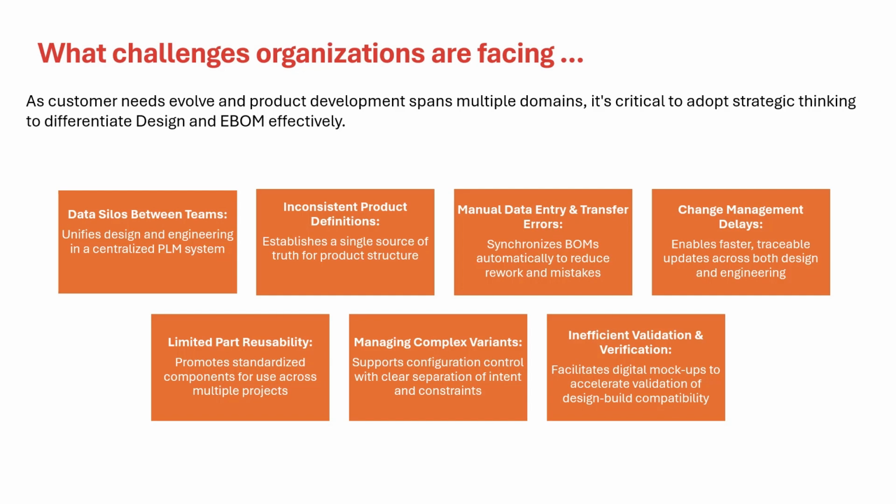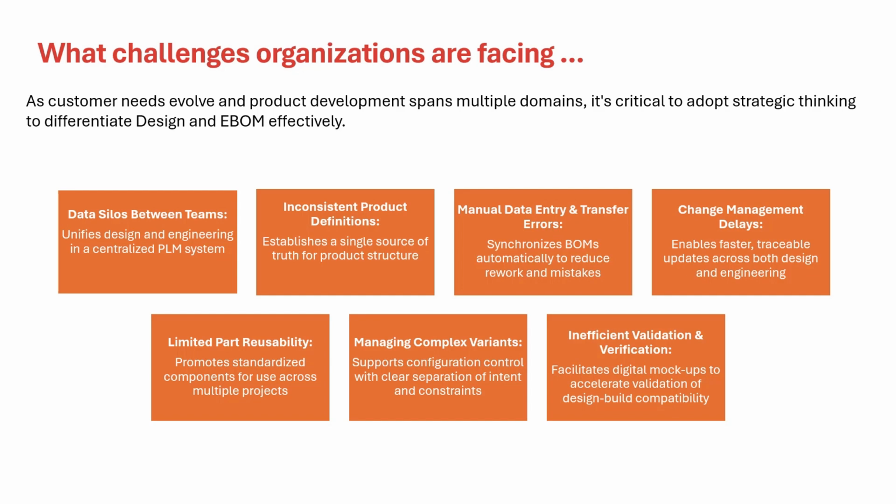By automating BOM synchronization, organizations can significantly reduce rework and eliminate common mistakes caused by data transfer. So Teamcenter has the capability of aligning the design BOM and engineering BOM and keeping them up to date with the latest structures.